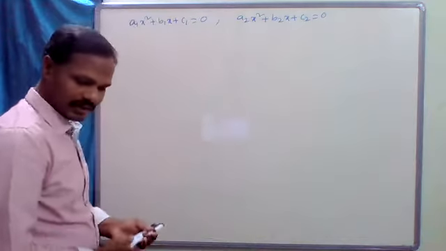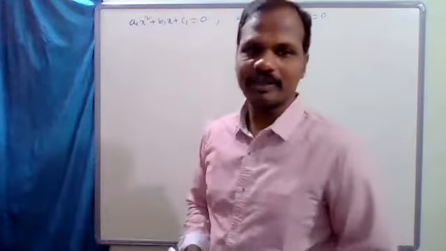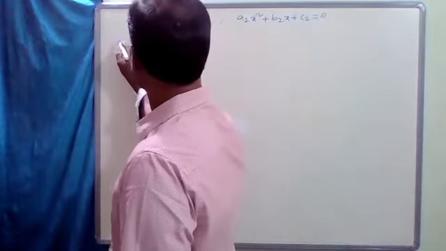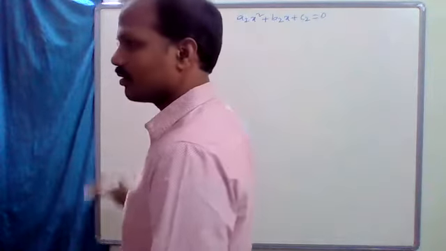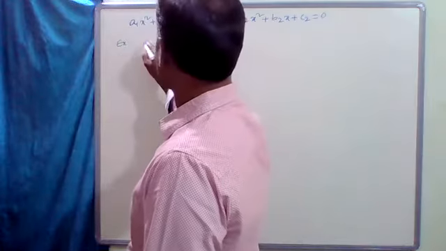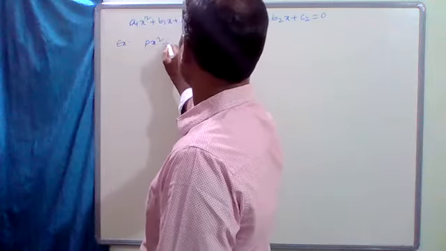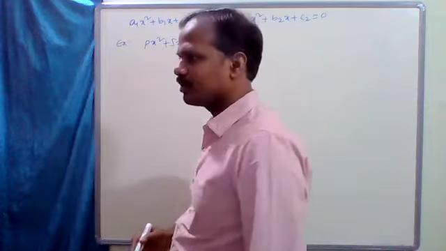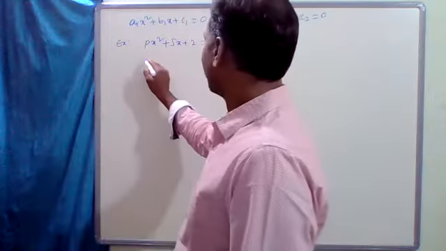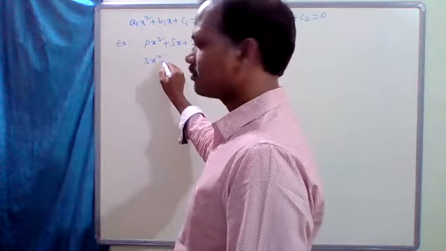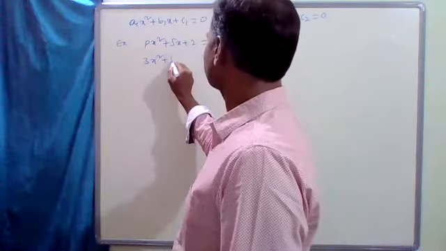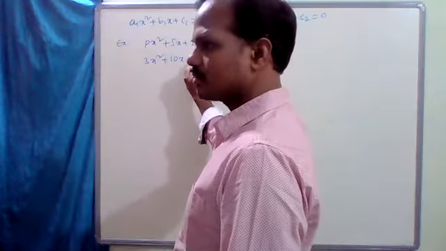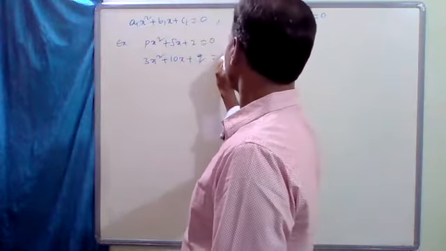Okay. So let us give an example problem regarding this. px square plus 5x plus 2 equal to 0. This is one equation. And 3x square plus 10x plus q equal to 0.